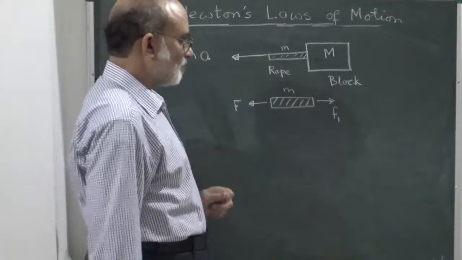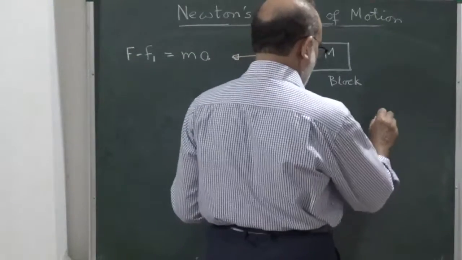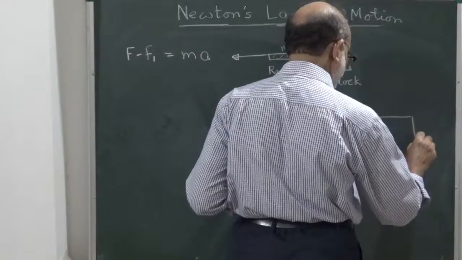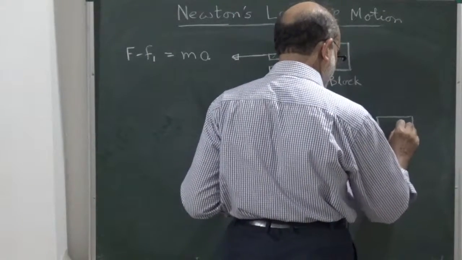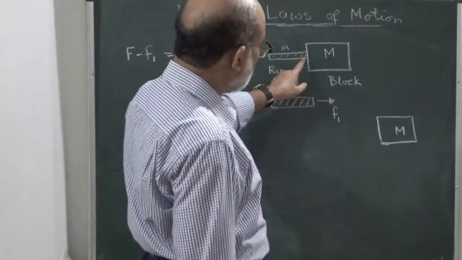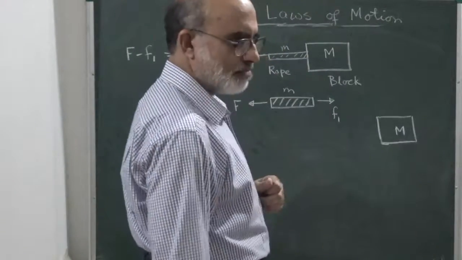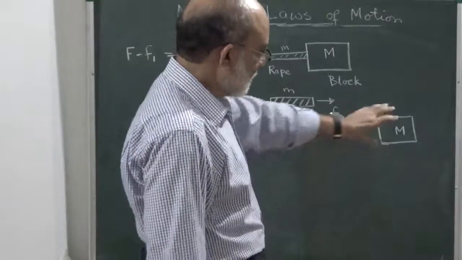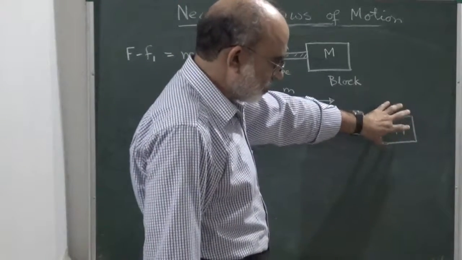Now for the block, capital M, this rope acts as a surrounding, because this is our system. We are concentrating on this block only.